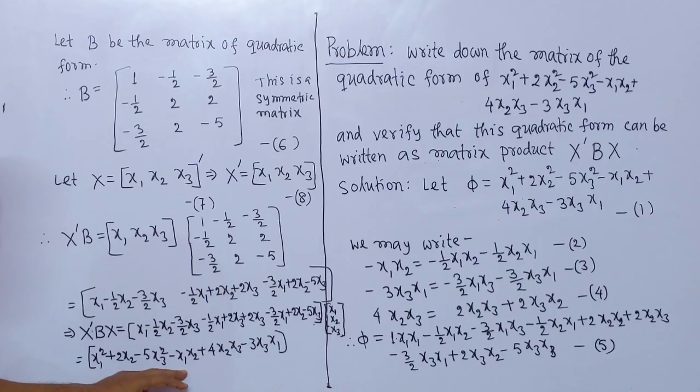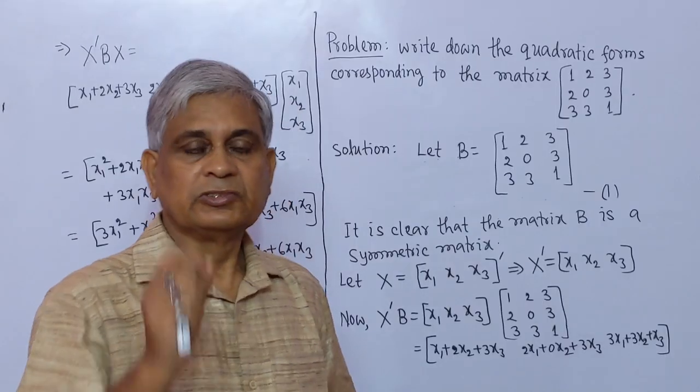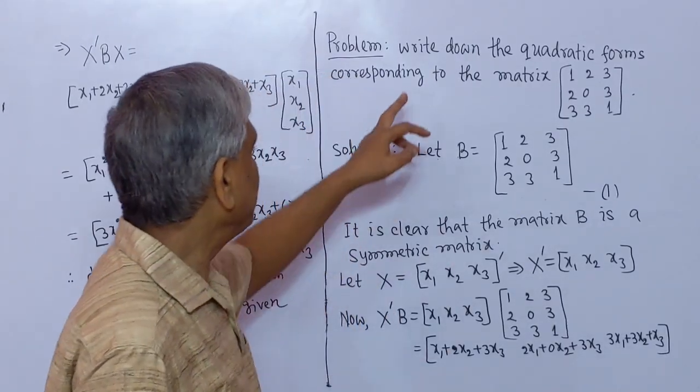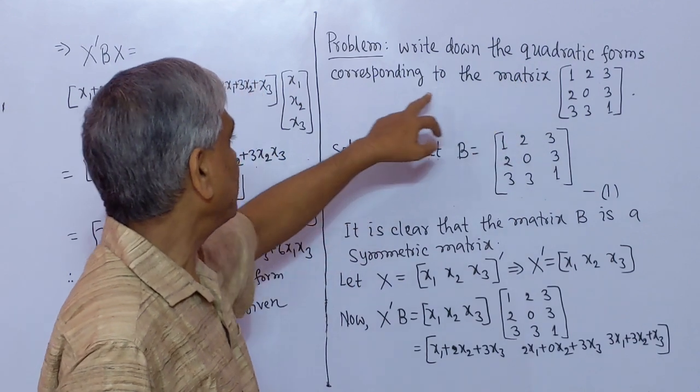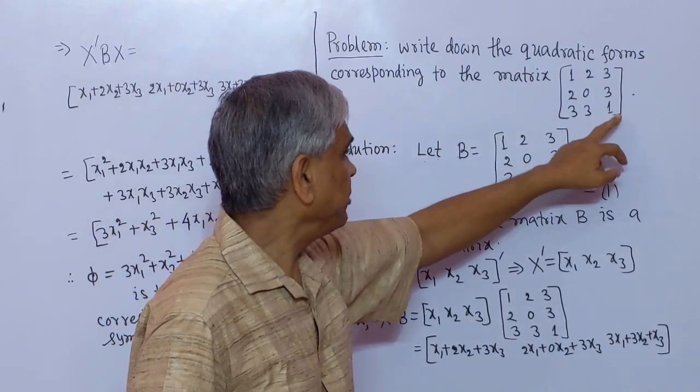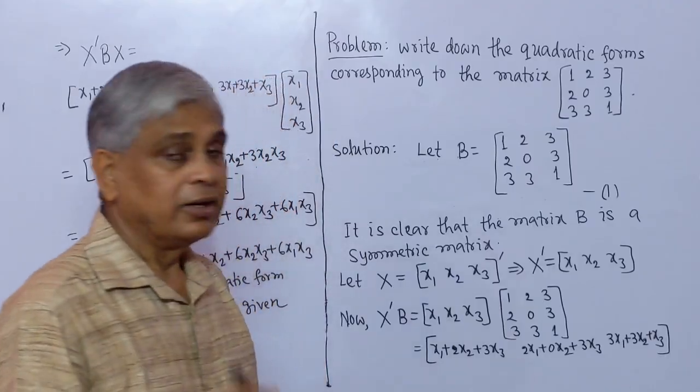This quadratic form is written as the product of three matrices: transpose of X multiply symmetric matrix B multiply column matrix X. Now we solve the next problem. The next problem is: write down the quadratic form corresponding to the matrix. This is a 3 by 3 matrix.